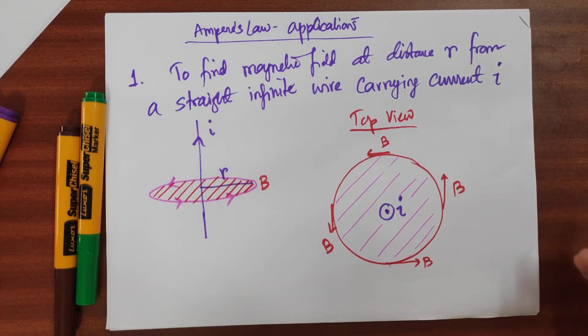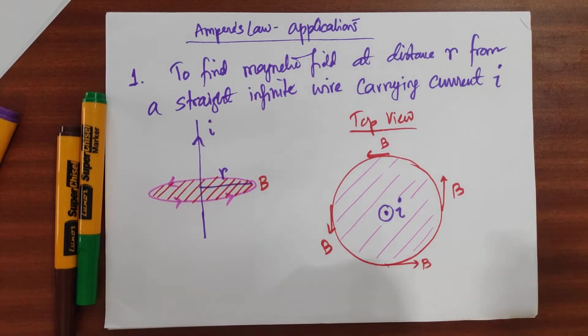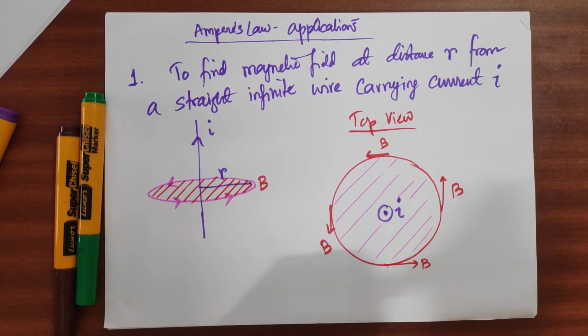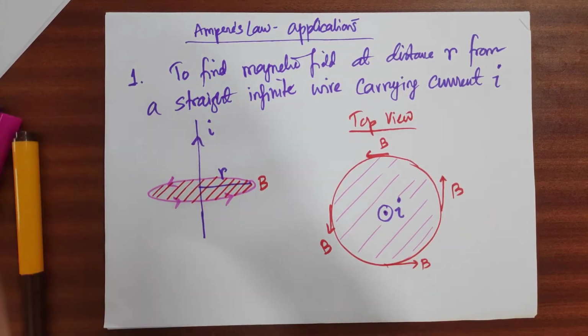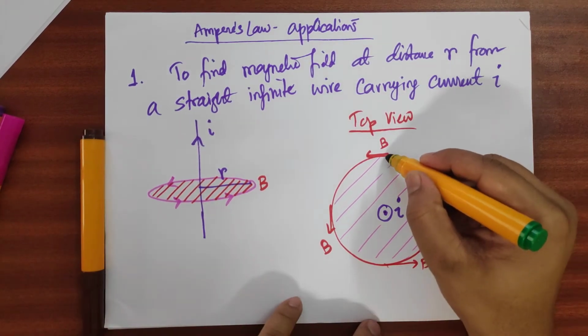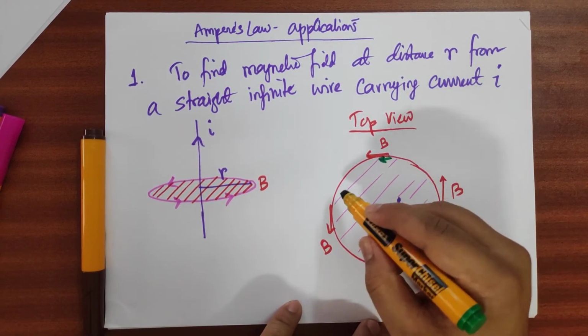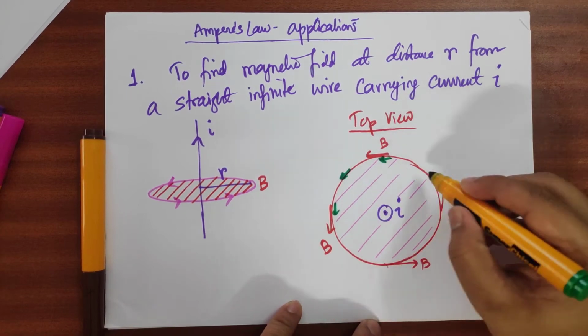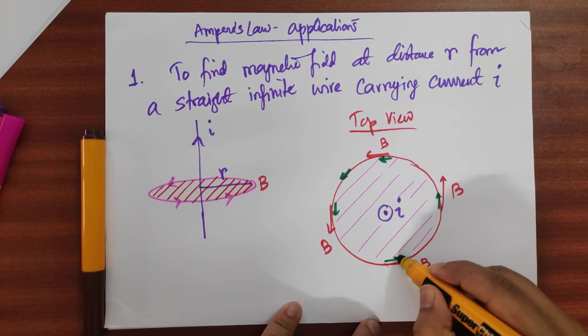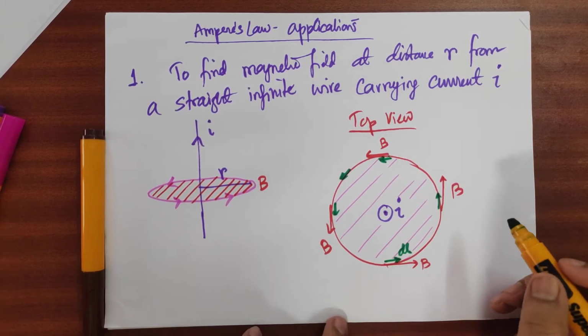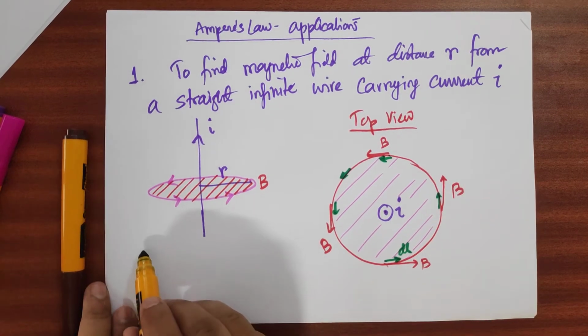This circle is a closed loop, the circumference of this open surface. Now obviously dl is in the same direction, right? dl is this way. So the little dl's.